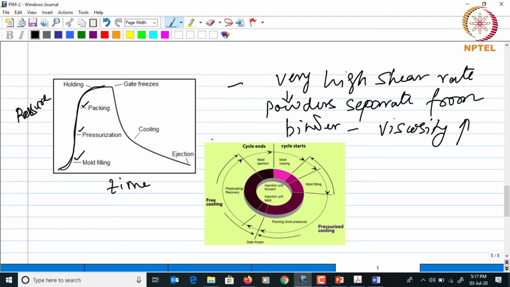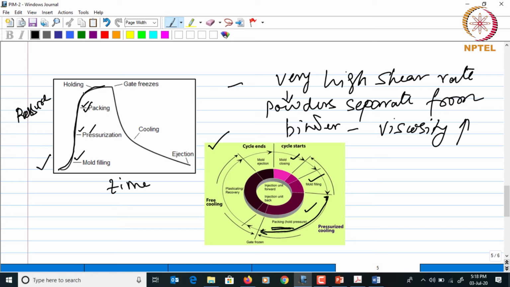So here is that PIM cycle diagram again, and in this plot also you can see the processes which occur during this cycle, starting from mold filling that begins after the mold is closed, and as the pressure is applied, as it is pressurized, the packing starts to happen, and this is the corresponding region of the cycle for the same.